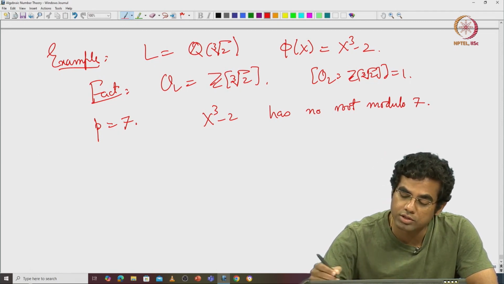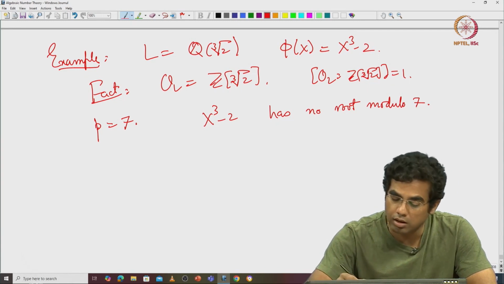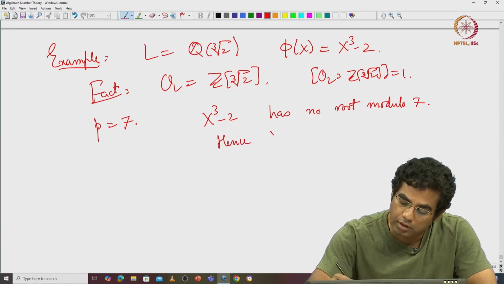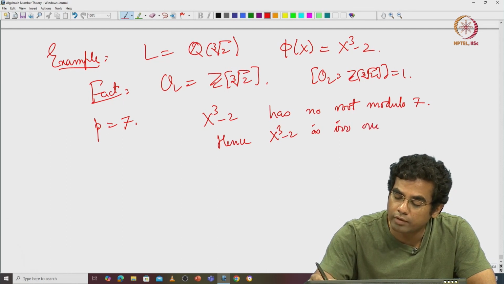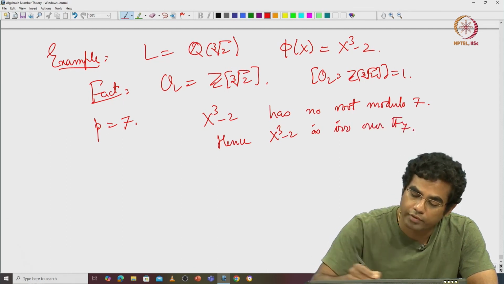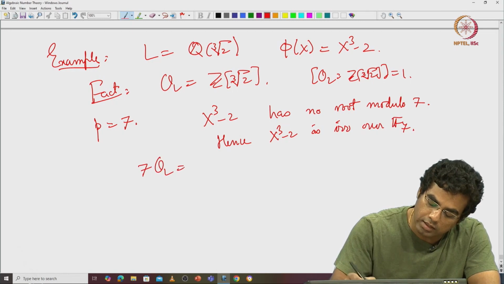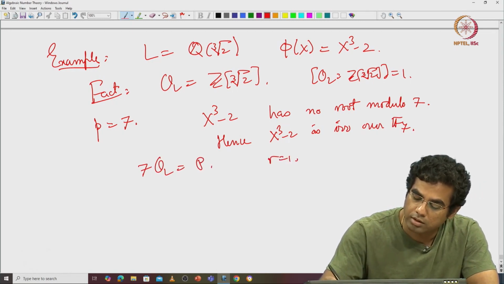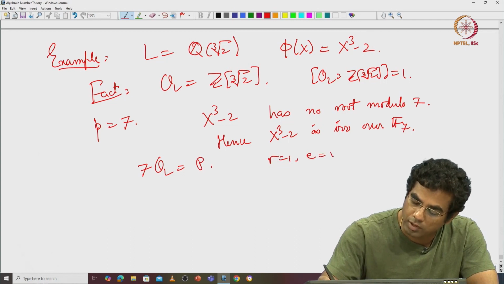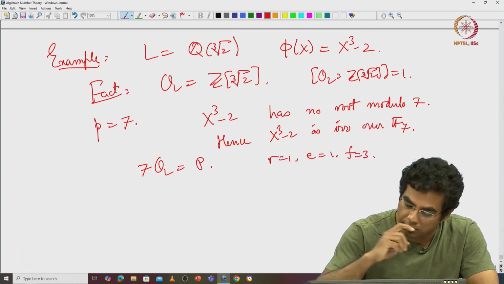So, there is no root. So, this is irreducible, hence x cube minus 2 is irreducible over F_7, and so we get 7 O_L is P, right. So, R is 1, E is 1 and F is equal to 3.